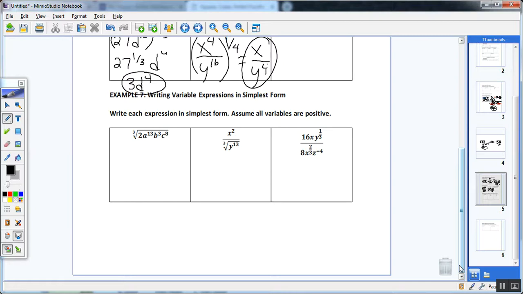This is where things get quite interesting for us, and I think what I want you to do is to write things with fractional exponents here. Let's just look and see what they did here. First one we're going to solve is the cube root of 2a to the 13th, b to the 3rd, c to the what, kids?